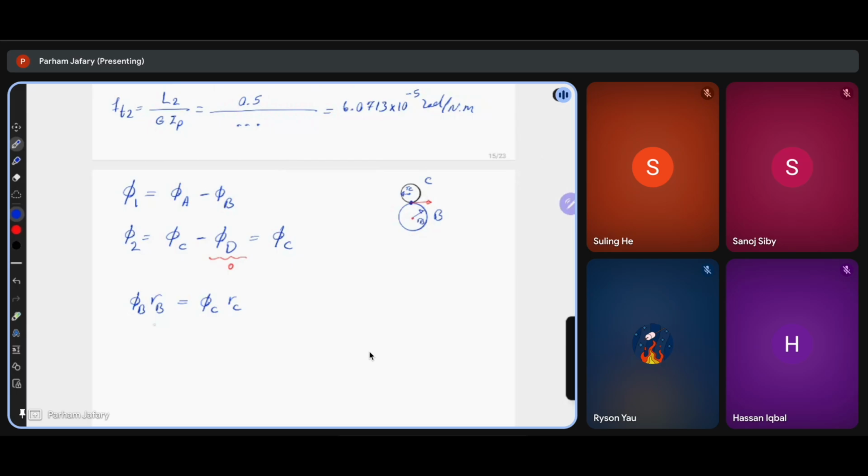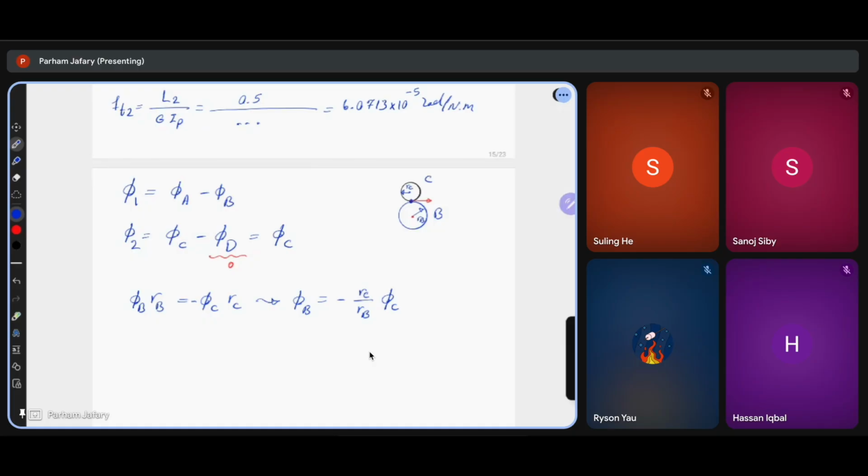So we write this equation, and from this we get phi of B is equal to negative RC over RB times phi of C, because they're in the opposite direction of each other.